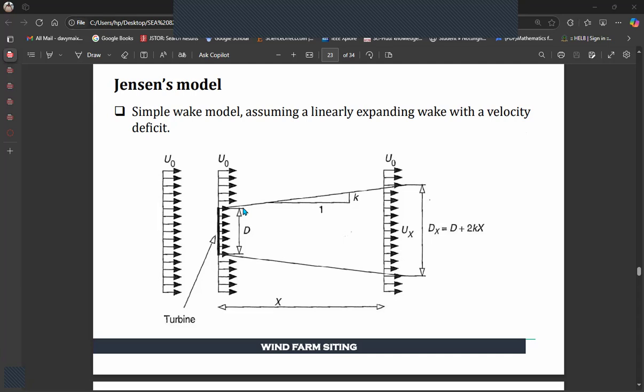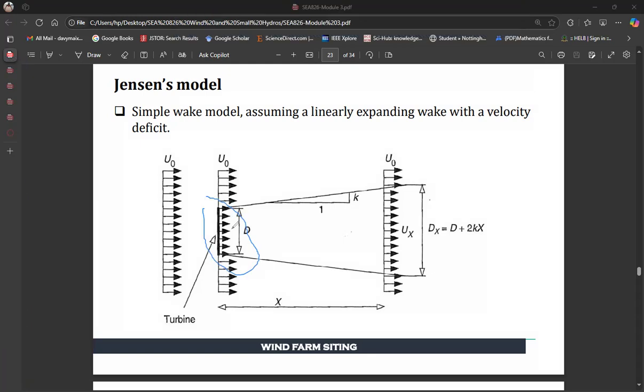As you can see here, we have D1. This is the first turbine here. And you can see this turbine causes a reduction in the speed of wind to the second turbine, which is here.